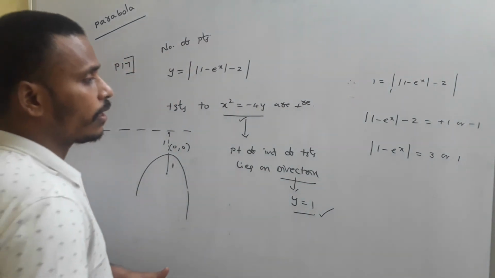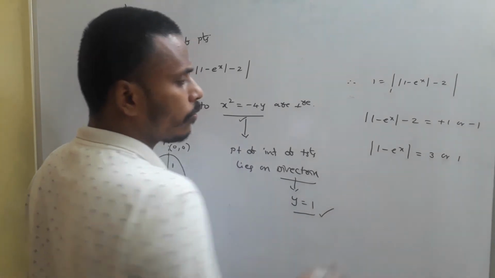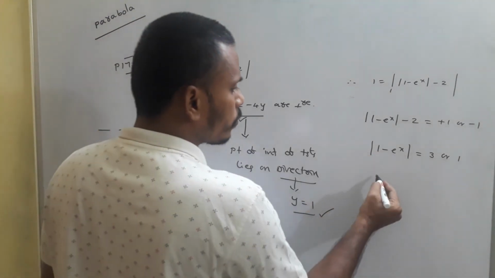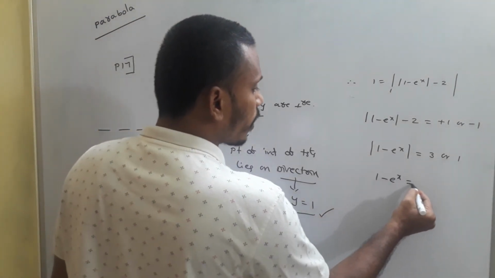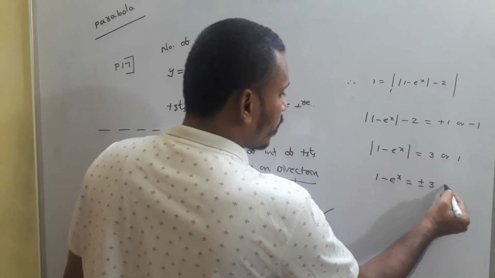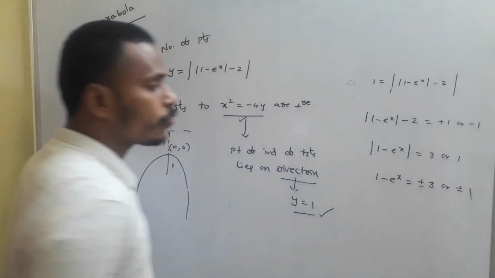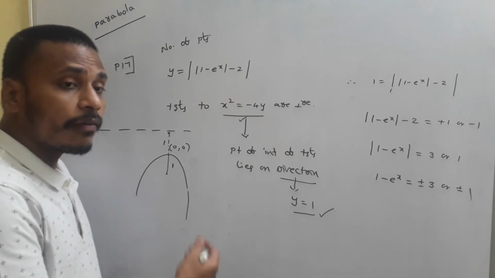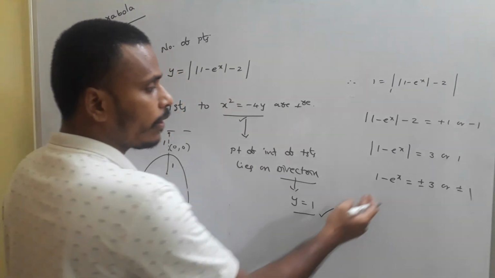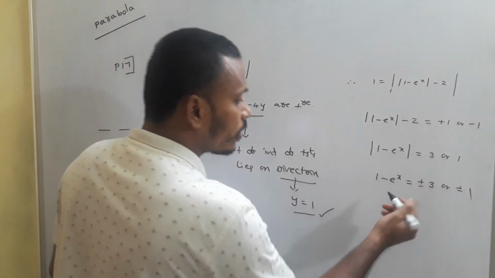Okay, and the next thing, again just try to remove this modulus. 1 minus e power x is equals to plus or minus 3 or plus or minus 1. Then we need to find out x. What is e power x now? Send this one that side.